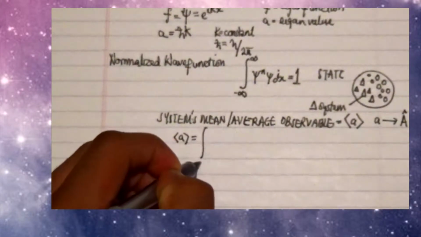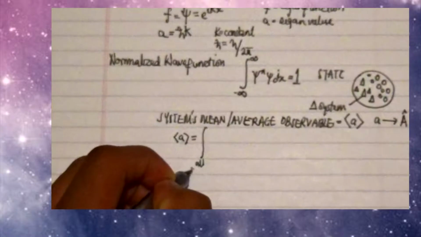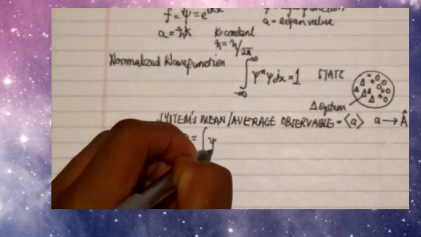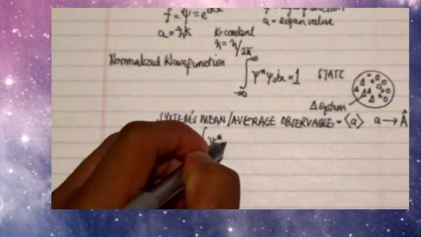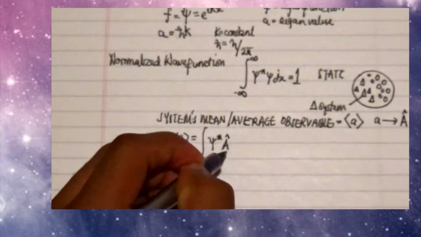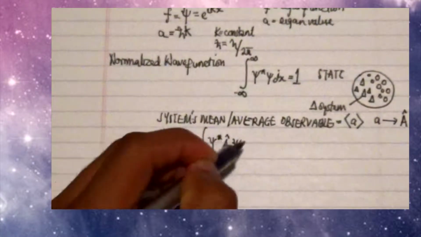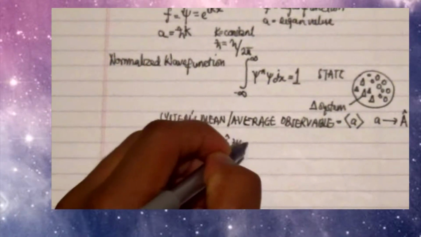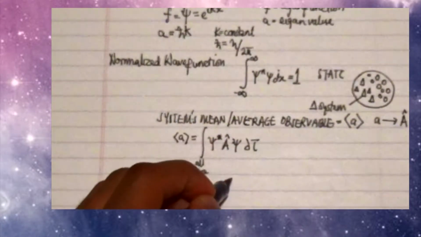Our integration is performed in all space, so my complex conjugate of psi is multiplied by our operator, big letter A, and our operator is applied to our function psi, and this is done in all space.